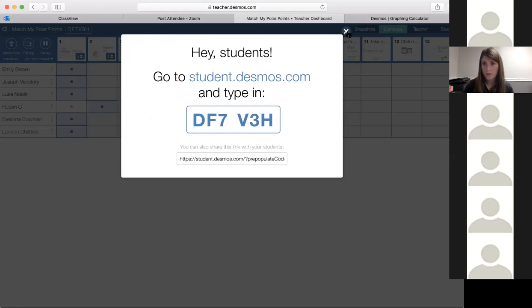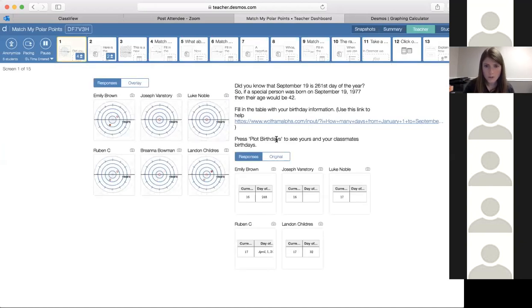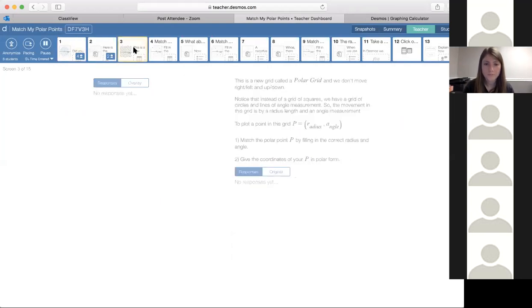Okay, so I'm going to peek at what you guys are doing. You can keep on your own, and I'm just going to make sure we are good to go. It's kind of interesting. We're going to think about polar coordinates in terms of birthdays and rotations with birthdays. Kind of a cool way to think about it.